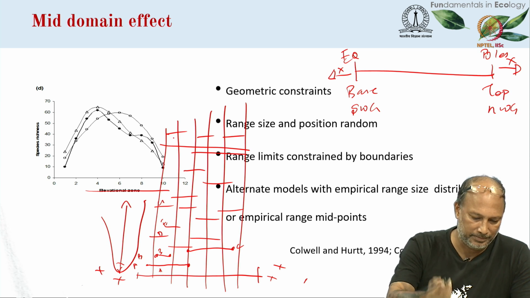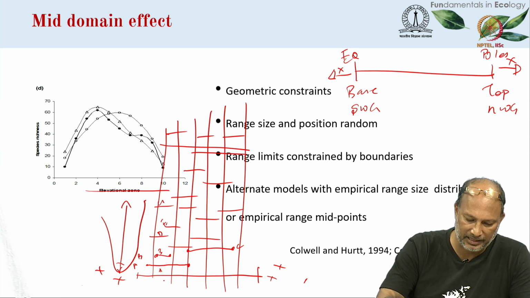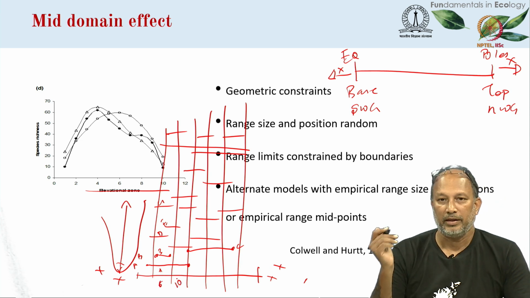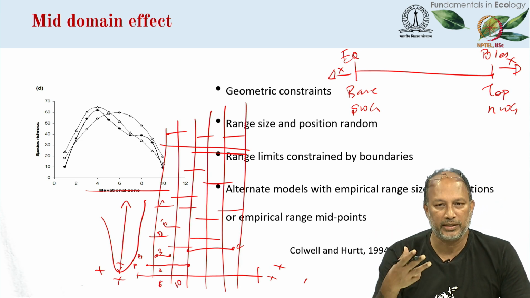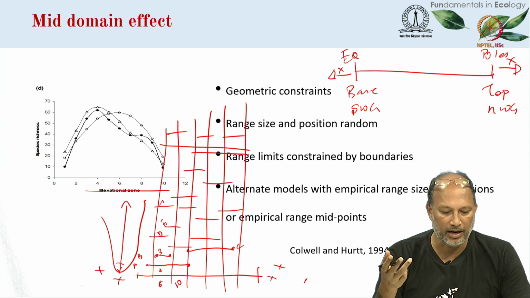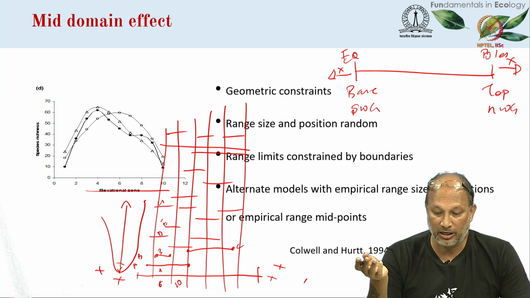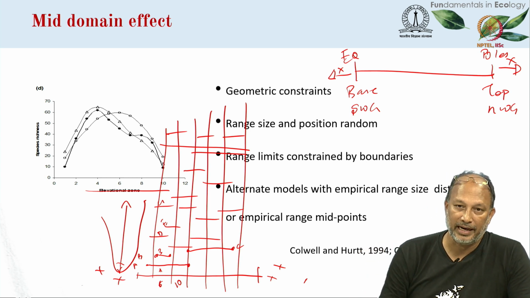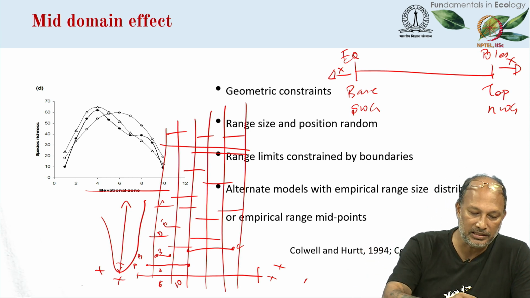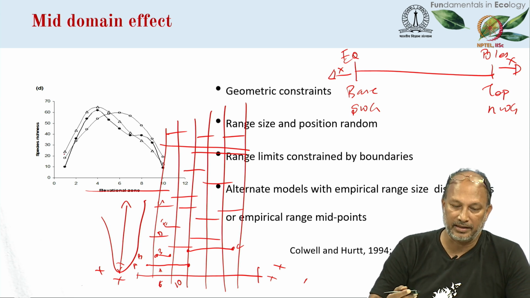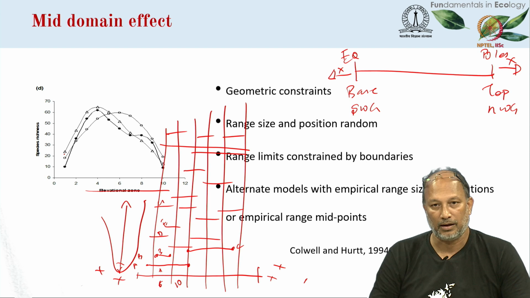I count those up and I get some number, 8, 10, whatever it is. Now, if I draw the ranges in this fashion, what they found is that when the range limits are constrained by boundaries, as we said, you will inevitably get a hump-shaped pattern. So these are actually null models that are derived from an algorithm like this.